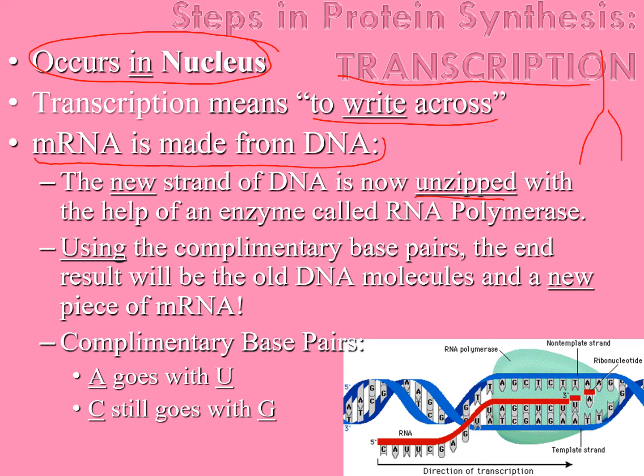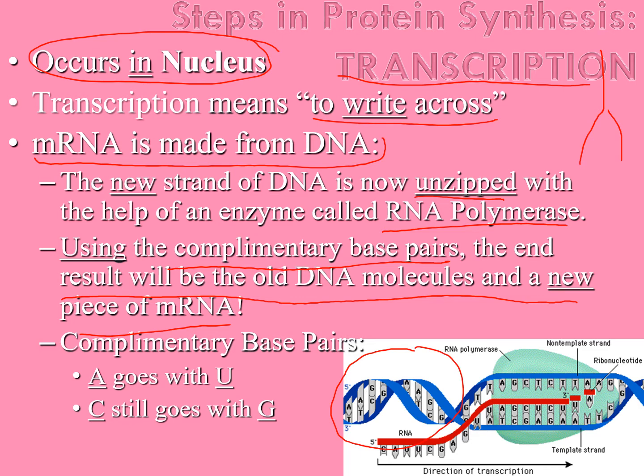There's an enzyme called RNA polymerase. What happens is that RNA polymerase uses the complementary base pairs to build a new piece of mRNA from the old DNA molecule. As you see here, this is the DNA, right?